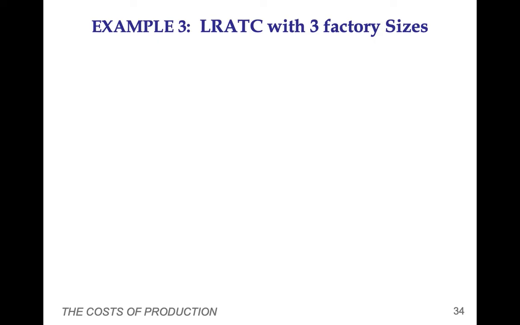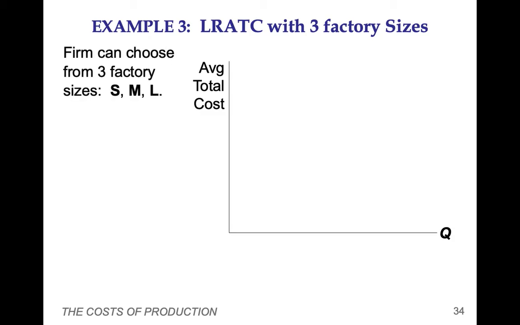LRATC means long run average total cost, with 3 factory sizes. On the y-axis we put the average total cost, and on the x-axis of this plane we put the quantity produced.